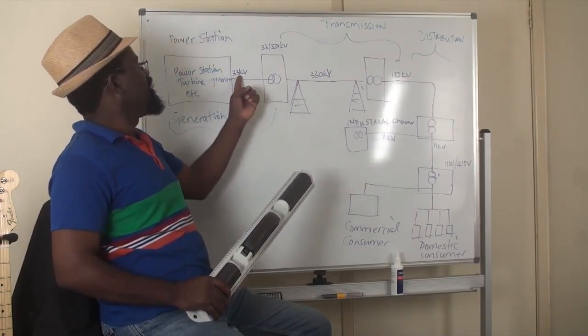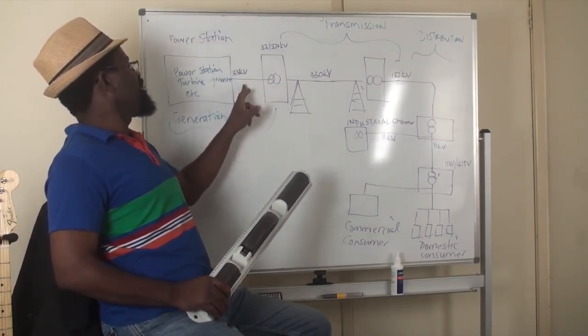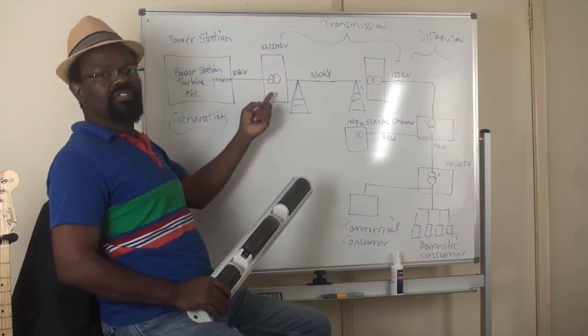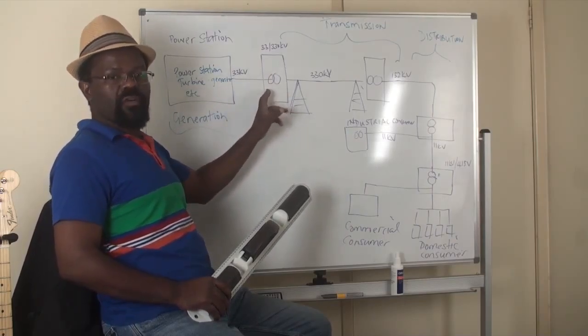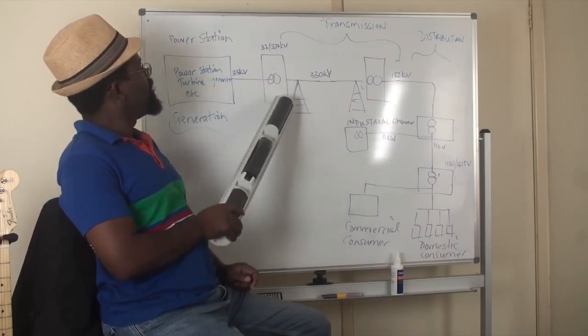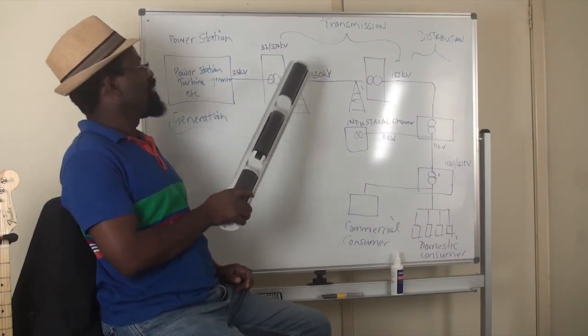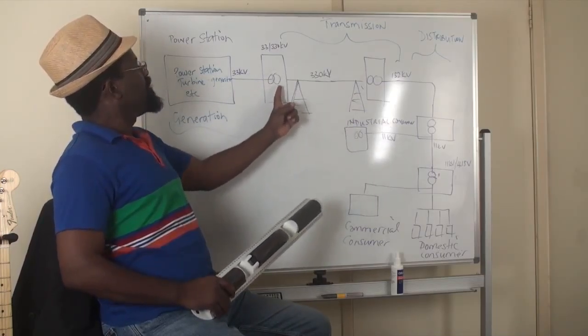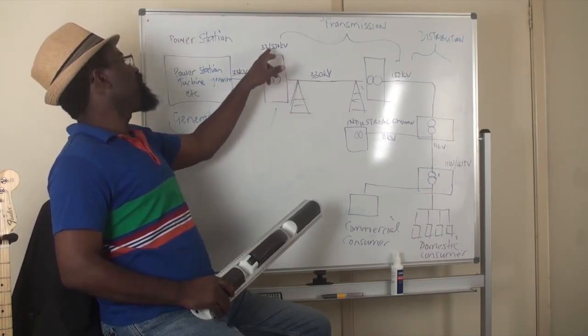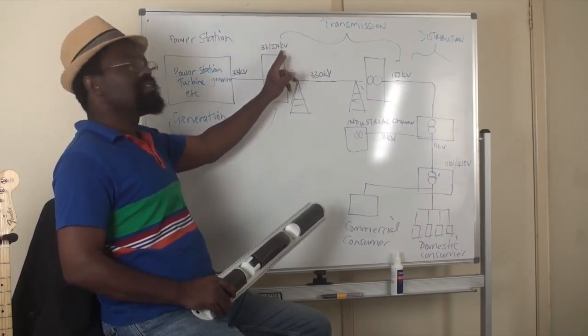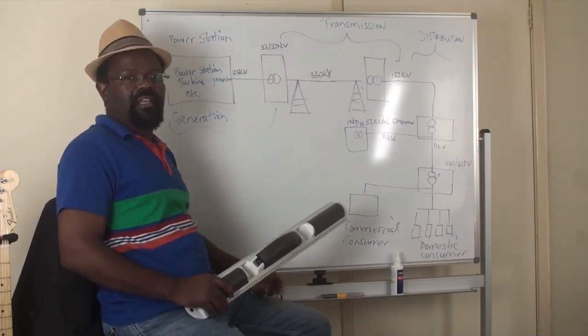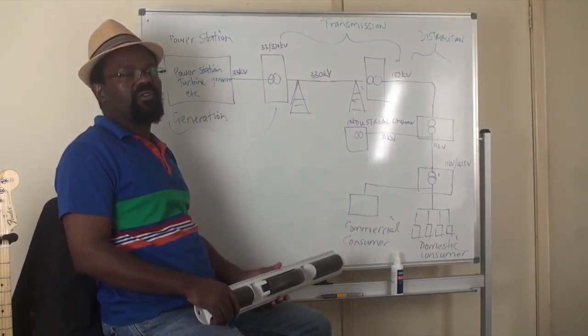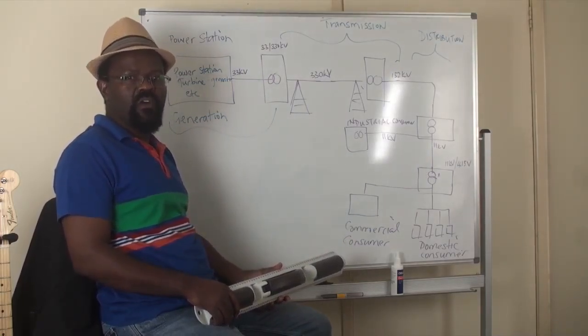This is 33,000 volts generated there, then fed into a step-up transformer, which is this box here, and then the power is stepped up from 33 kV to 330 kilovolts or 330,000 volts.